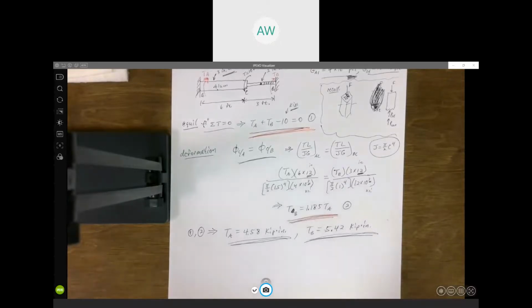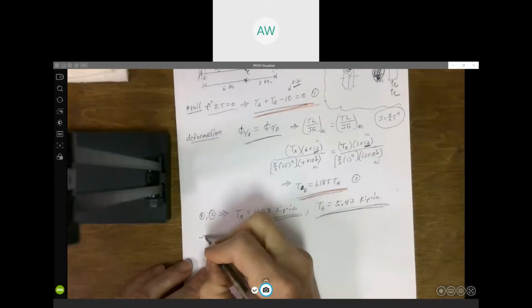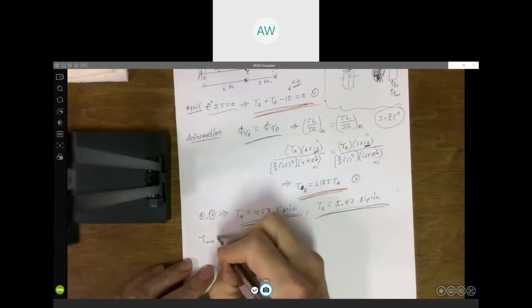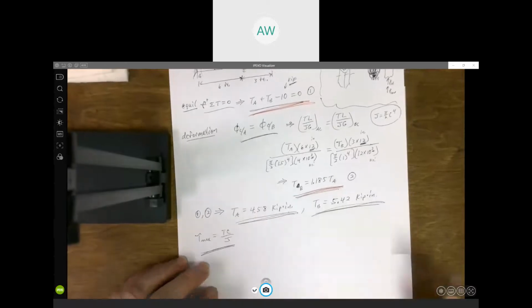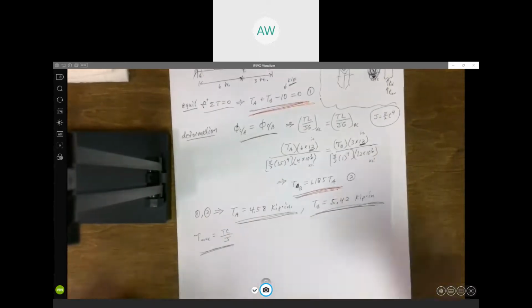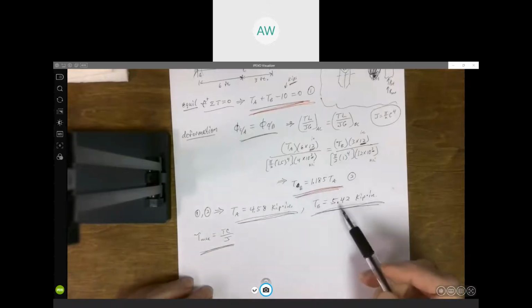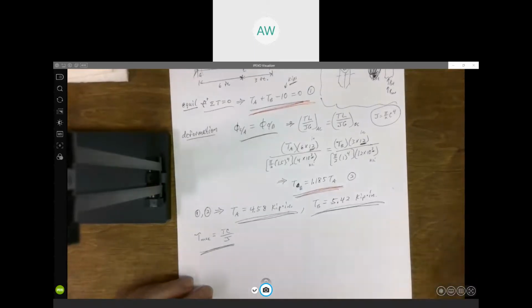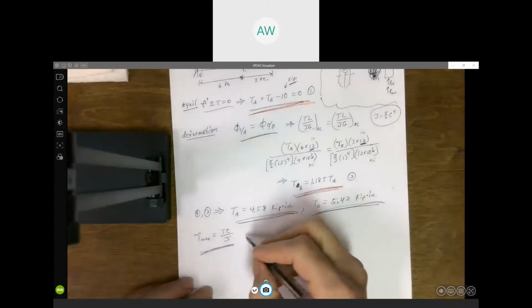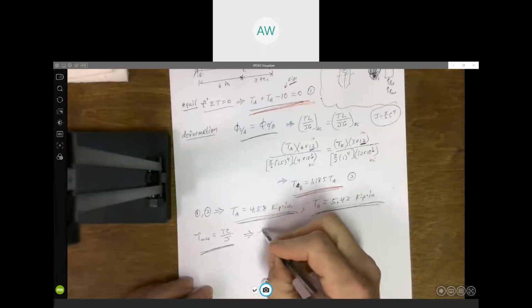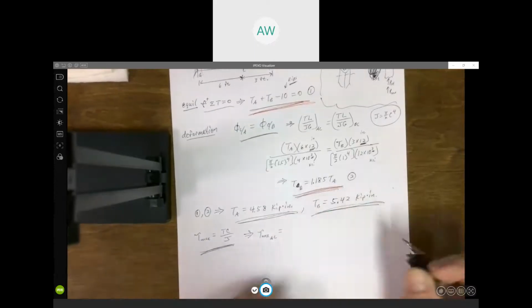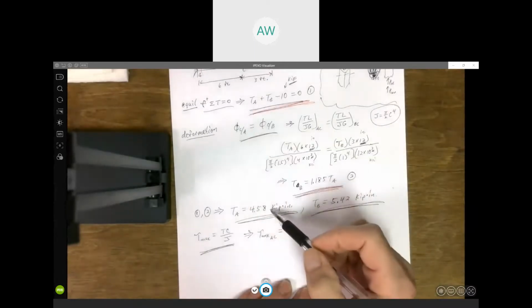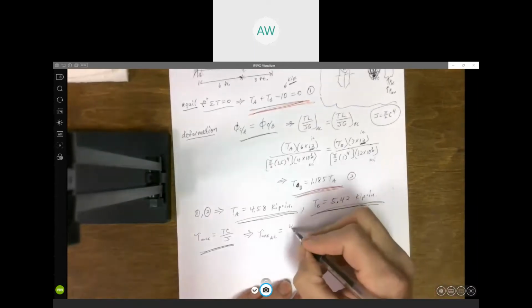All right. Well, then again, we know tau max is going to be on the outer surface. TC over J. Right? T is the torque. That's where we're going to use the torques we just found. C is the outer radius. J is the same as it was up there. So to get the maximum shear stress in AC, we're going to take the torque we found here, TA, 4.58.